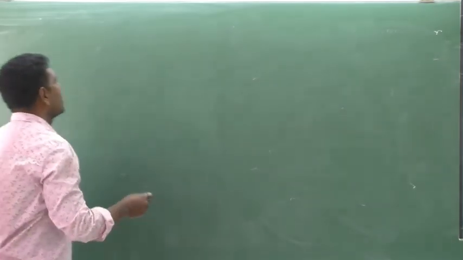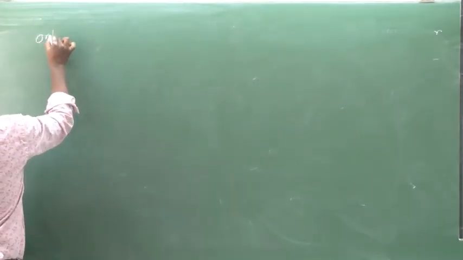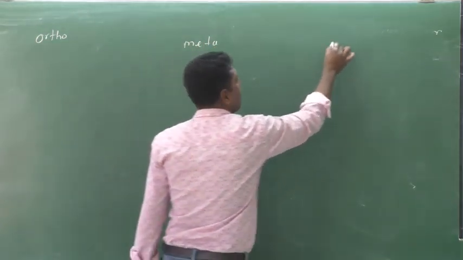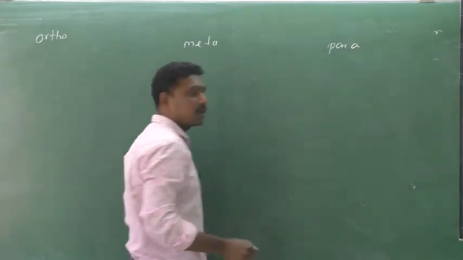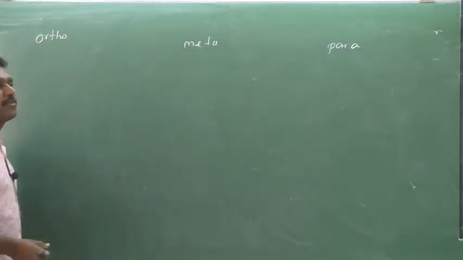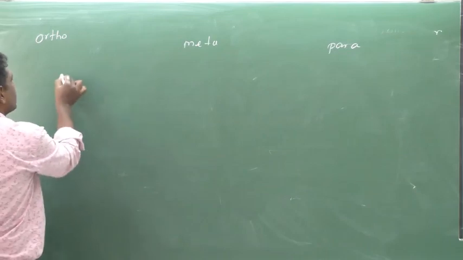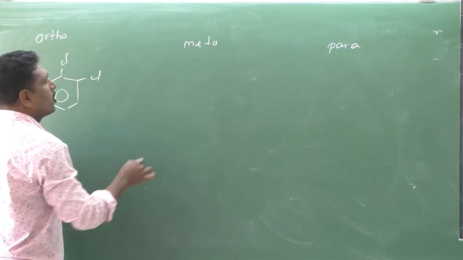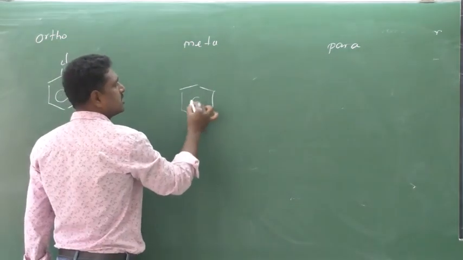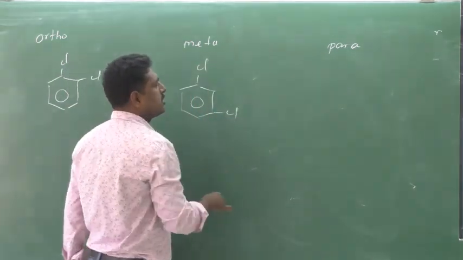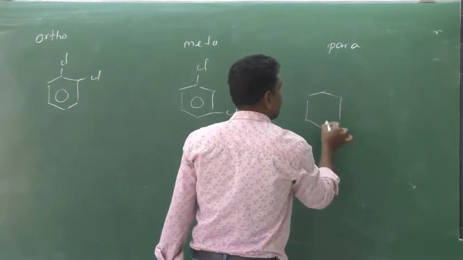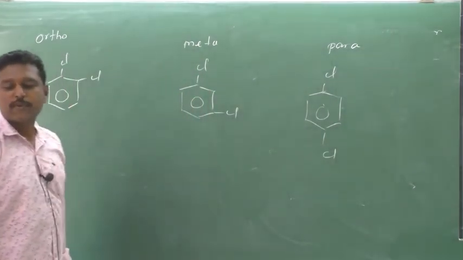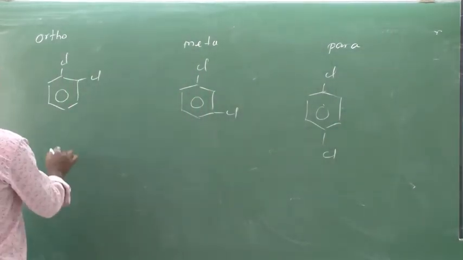I will take ortho dichlorobenzene, meta dichlorobenzene and para dichlorobenzene. Here, this is ortho dichlorobenzene, this is meta dichlorobenzene, and this is para dichlorobenzene.